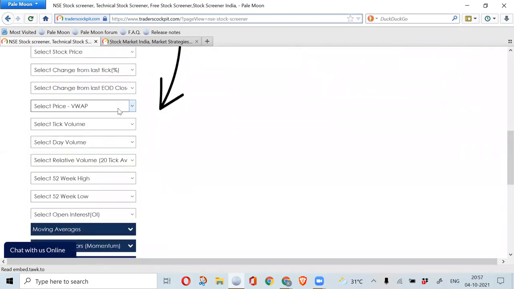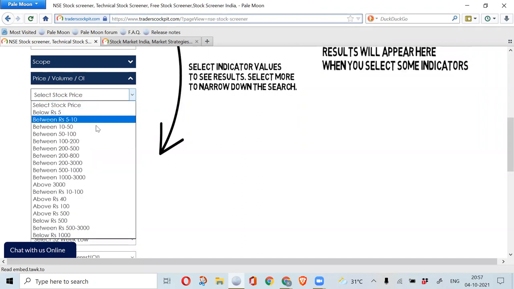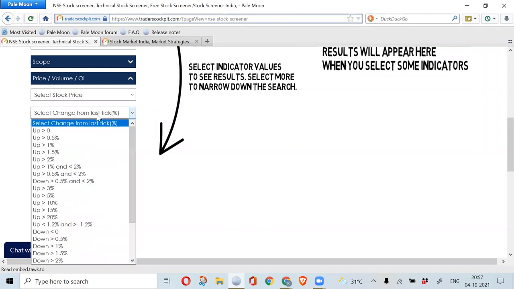And then the second dashboard here will have all the conditions for price, volume, and open interest. So you can select the stock price range, like 5 to 10, 10 to 50, 200 to 3000. According to your price range, you can select. Or else change from the last tick.